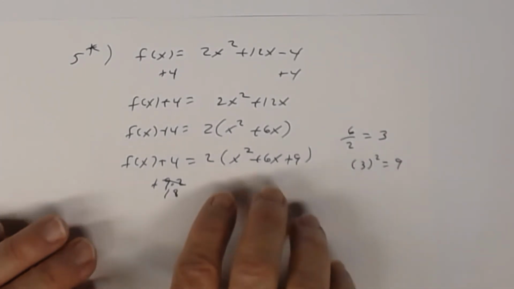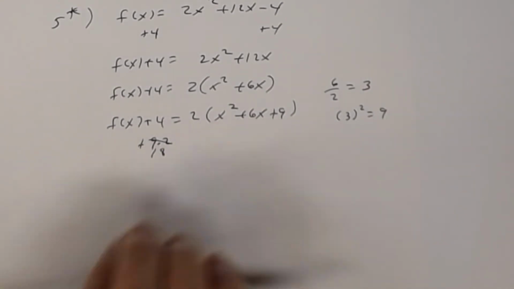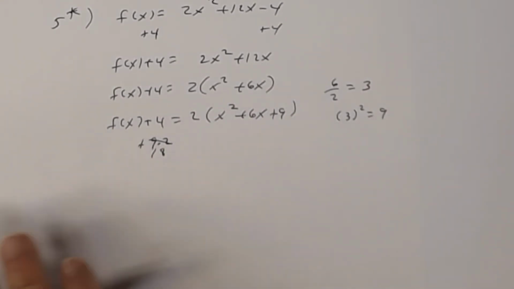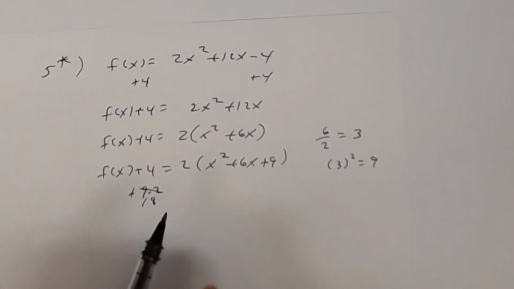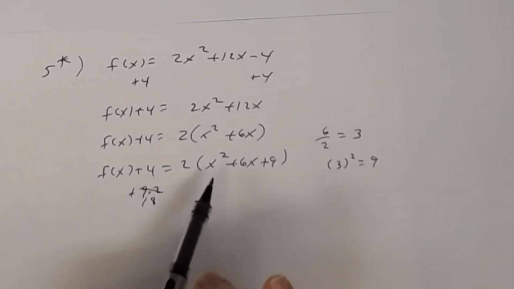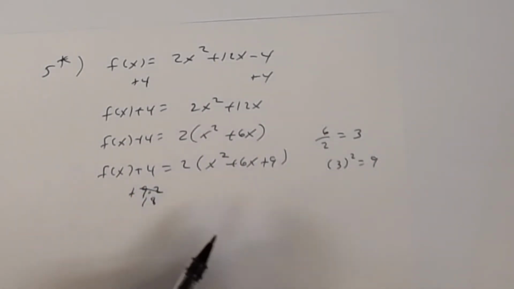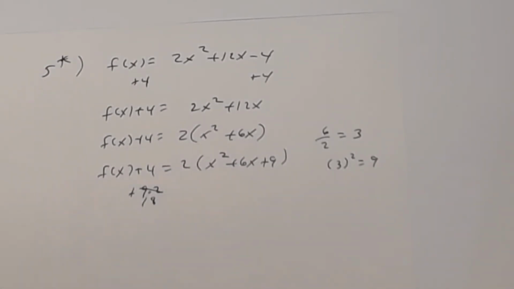That is one little area where some students forget. They'll add 9 to both sides and then right away mess up. Now you're not going to lose all your points, but if you were asked to graph this, which you will in the next lesson, and you were to change this to vertex form, right away you have the wrong graph, because you added the wrong number to both sides.